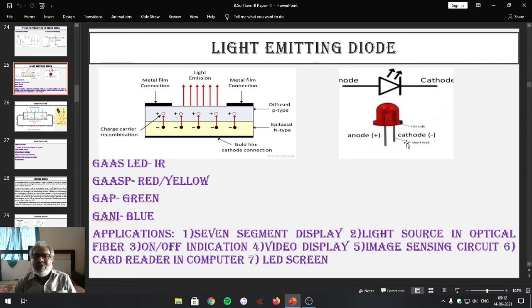Such a diode that emits light radiation, especially when it is forward biased, is known as the light emitting diode.